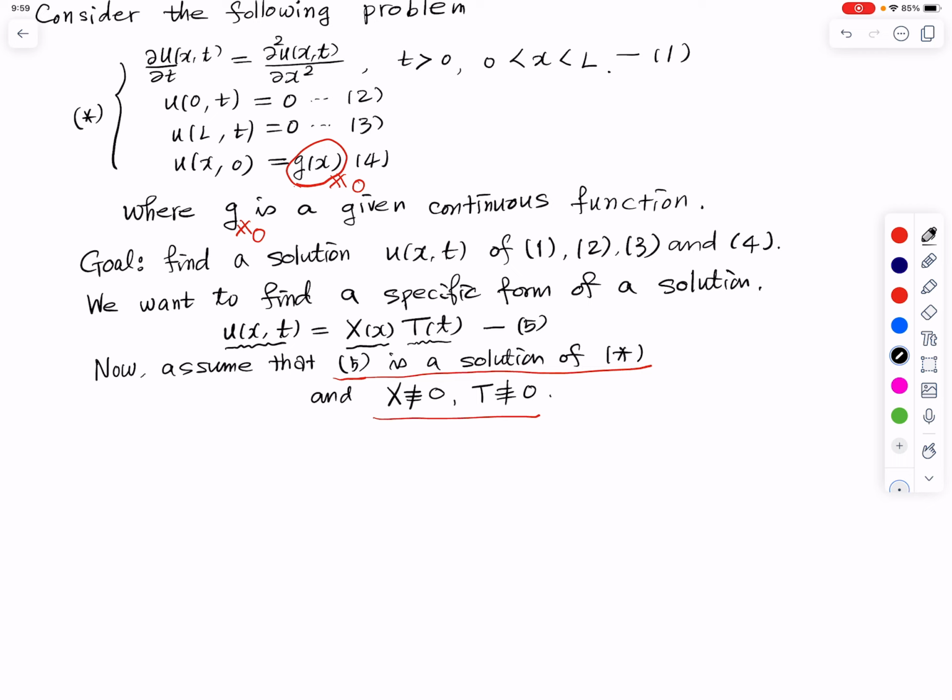Then we compute the partial derivative of u with respect to t. That would be X(x)T'(t). And we can also compute the partial derivative with respect to x twice.